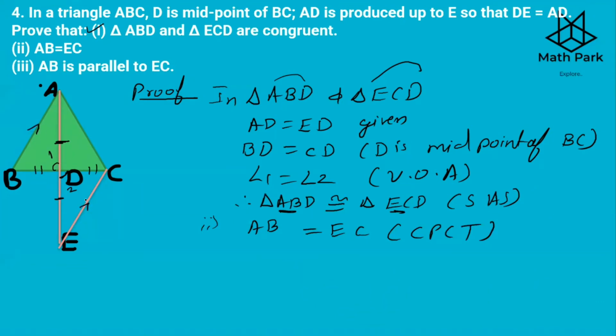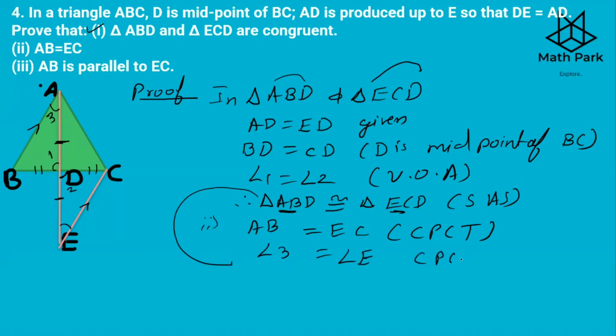Now, if AB is parallel to CE, which two angles are equal when the lines are parallel? If the alternate angles are equal, the lines are parallel. So if these two lines are there and AE is a transversal, you get angle 3 is equal to angle E. When these two triangles are congruent, you also get angle 3 is equal to angle E by CPCT.